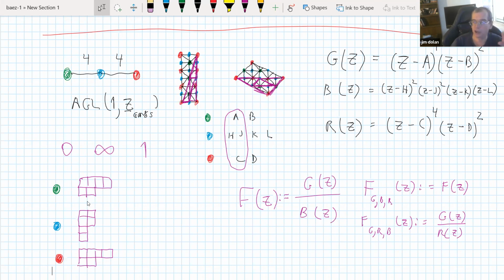It's just keeping track of the degree of each green vertex, the degree of each blue vertex, the degree of each red vertex. That's very far from being a full set of combinatorial invariants for this planar graph, right? I think it's really just giving you the non-planar structure.